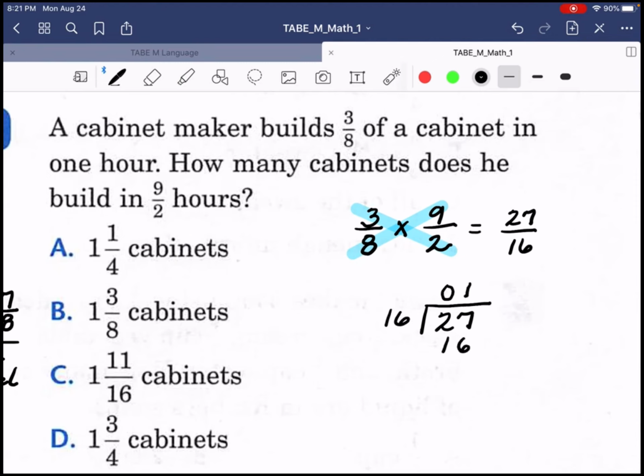In 27, it's 1 with a remainder of 11. So 1 and 11/16 will be the answer.